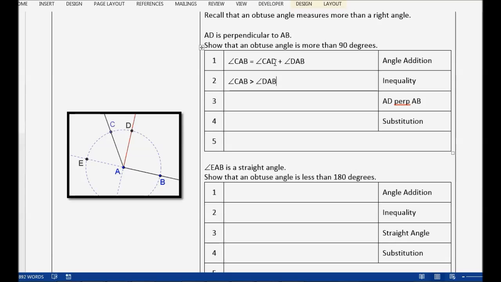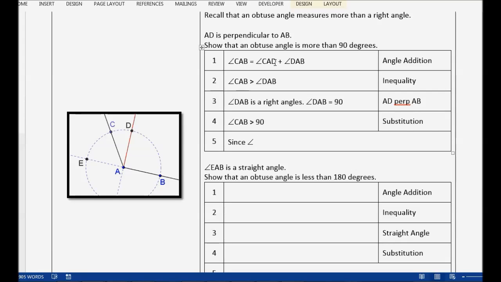We're not interested in CAD because we want the right angle. The perpendicular line lets us say that angle DAB is a right angle, and that the measure of angle DAB is equal to 90 degrees. By substitution then, angle CAB is greater than 90.